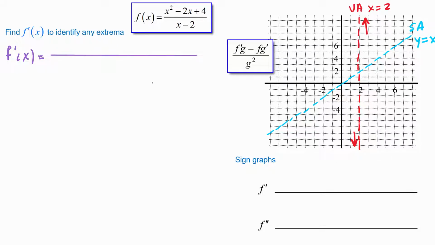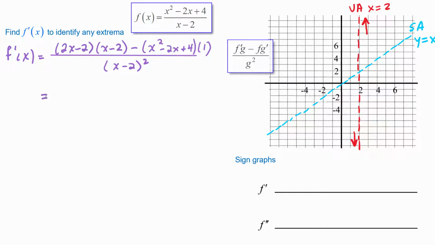So the derivative of the top is 2x minus 2, and we take that times the denominator, x minus 2. Then we have to subtract the numerator, x squared minus 2x plus 4, times the derivative of the denominator, which is 1. And then we will take that over the denominator squared.